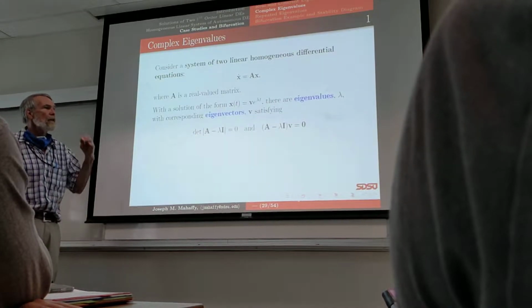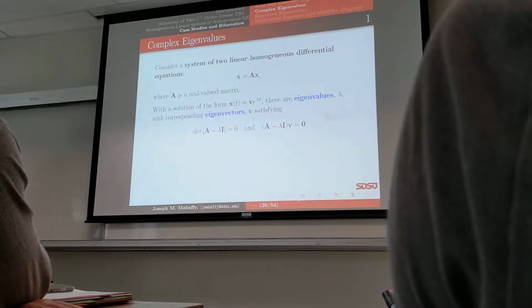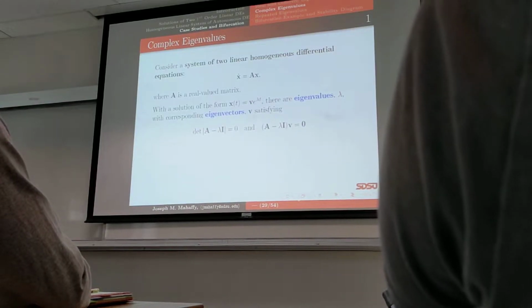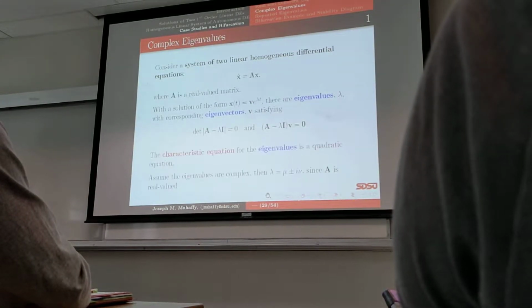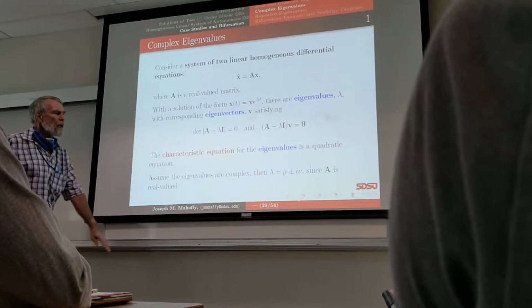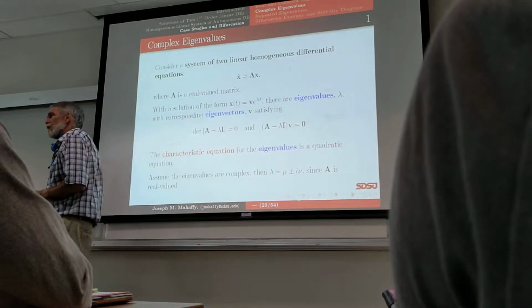But now we'd like to handle the fact that, of course, our 2x2 matrix can have complex eigenvalues. And if we have a complex eigenvalue, it'll be associated with a complex eigenvector. So let's assume we have this lambda in the form mu plus i nu, a real part plus an imaginary part.